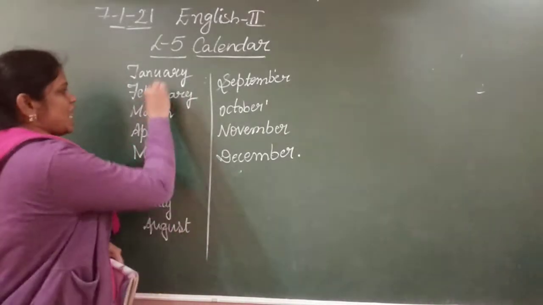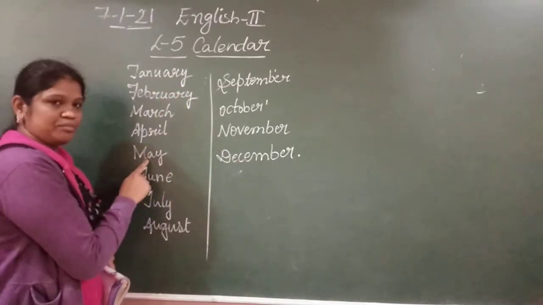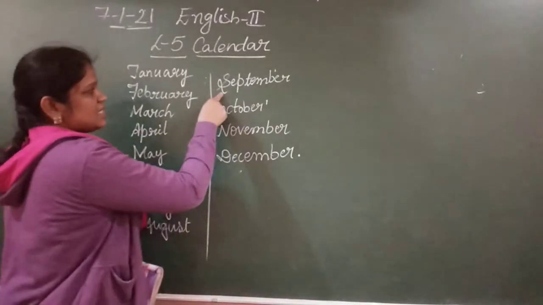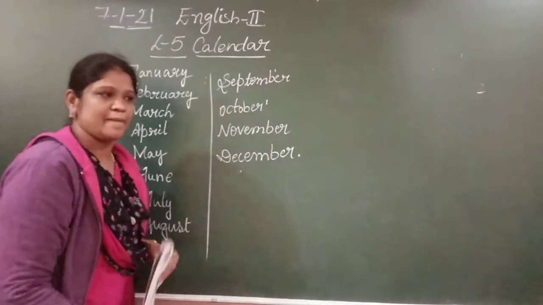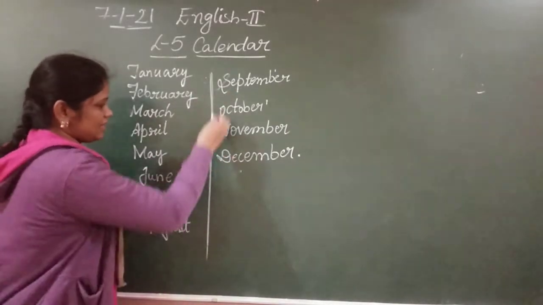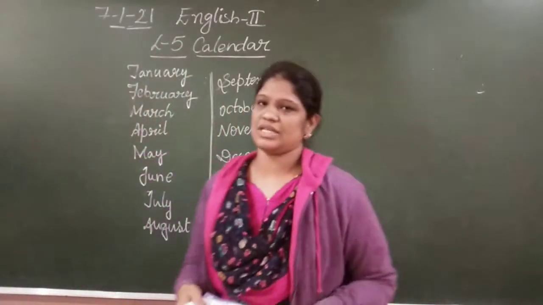There are January, February, March, April, May, June, July, August, September, October, November and December. These are the 12 months in a year. Okay children, the calendar shows us months.